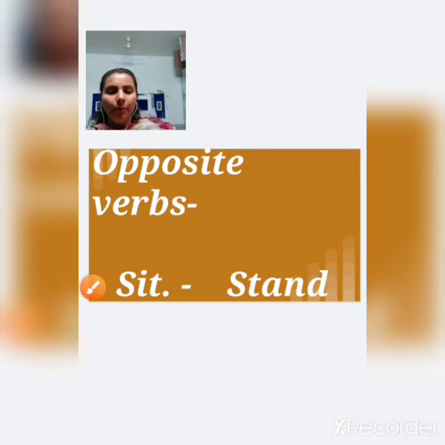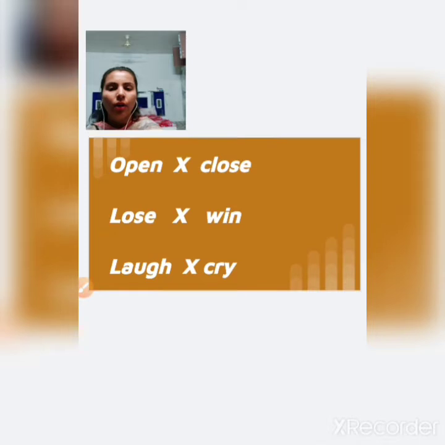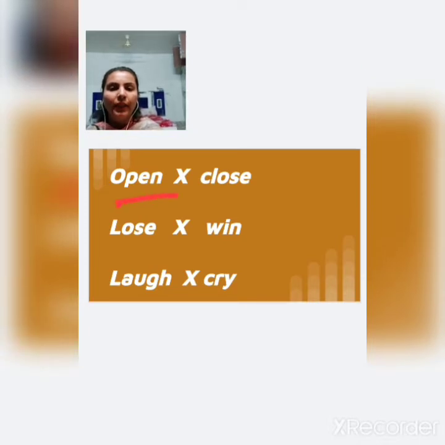See some more examples. Now see O-P-E-N, open, and the opposite of open is C-L-O-S-E, close. So the word open is a verb and the opposite verb of open is close.